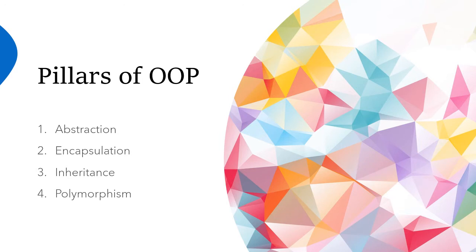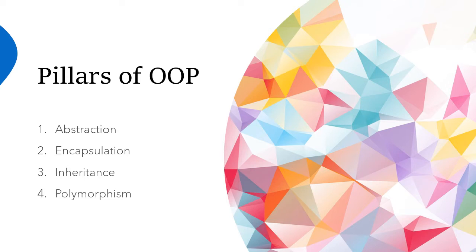So first of all, we'll talk about the pillars which are there in the object-oriented programming. So first of all, we'll talk about abstraction, encapsulation, inheritance, and polymorphism. So basically in object-oriented programming, you get something known as classes.